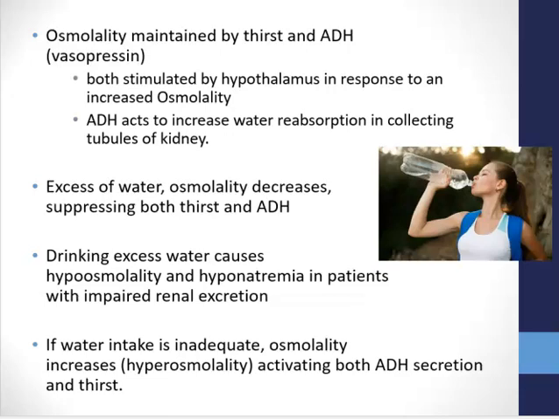Drinking excess water causes hypoosmolality and hyponatremia in patients with impaired renal excretion. Hyponatremia is referring to decreased sodium. If water intake is inadequate, osmolality increases, or it's known as hyperosmolality, activating both ADH secretion and thirst.